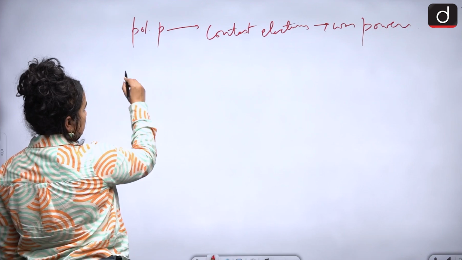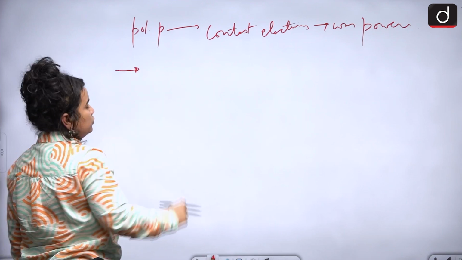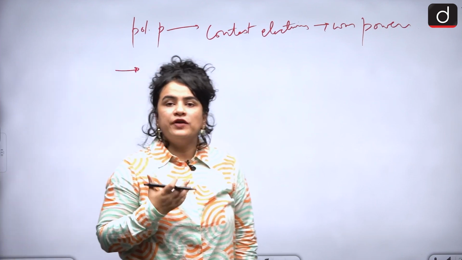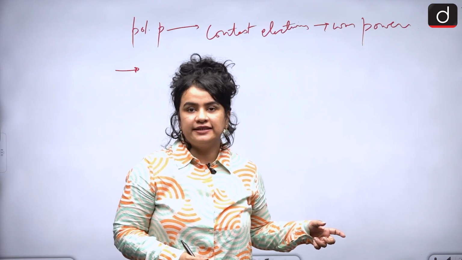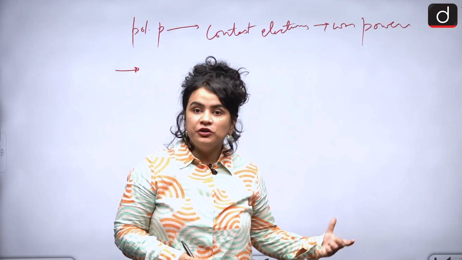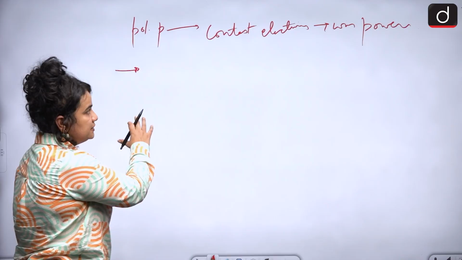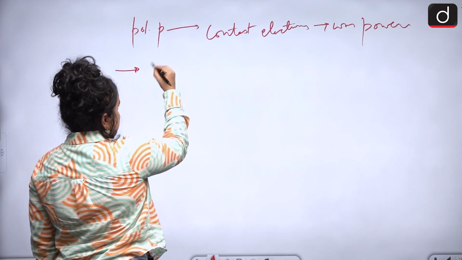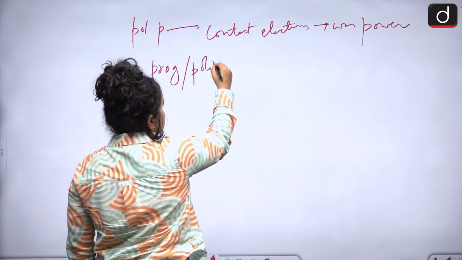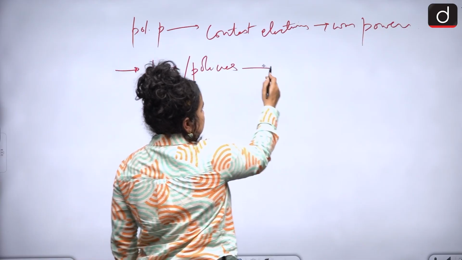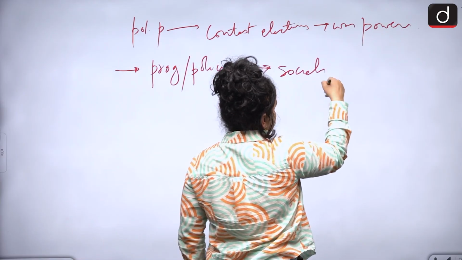First of all, political parties, I told you, have certain programs and policies in mind with the help of which they contest elections and they try to win popular confidence. So that is the first function, which is framing certain programs and policies for the society's collective welfare.